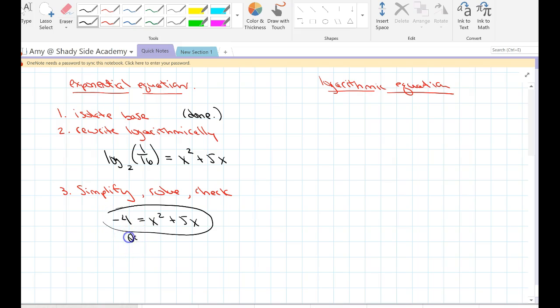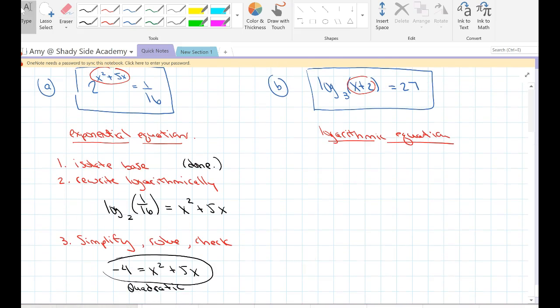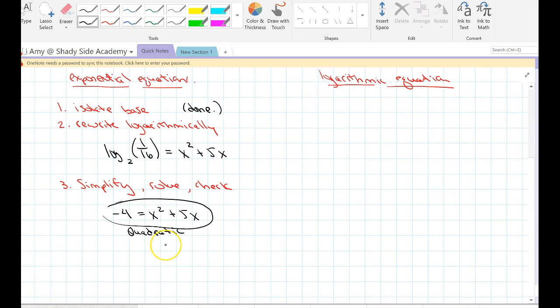It is quadratic. So in the course of solving an exponential equation, your equation may shapeshift and change identity throughout the way. So here, you get to a point where you have to solve a quadratic equation. And this quadratic equation requires us to think, okay, how do you solve a quadratic equation again? Oh, we set it equal to 0. 0 equals x squared plus 5x plus 4.